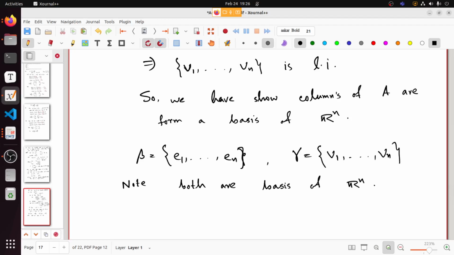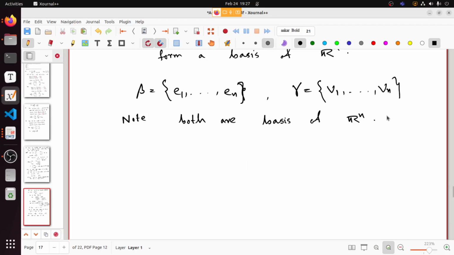Now let's compute the identity matrix with respect to the bases gamma, beta. So what will be the identity of v1? It will be v1, right, and how can you write this? So what is v1? v1 is (a11, ..., a1n).